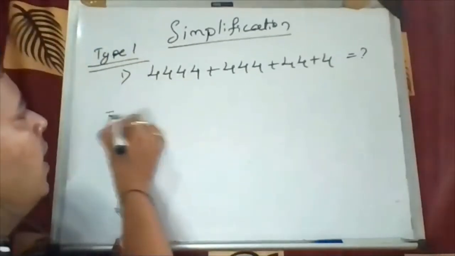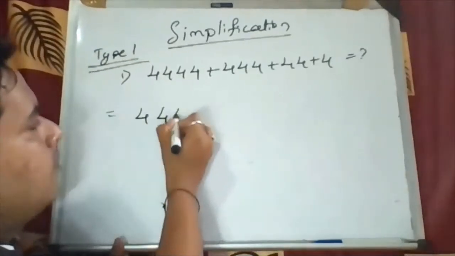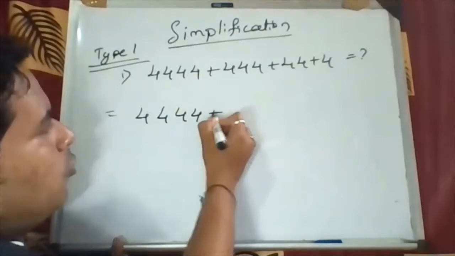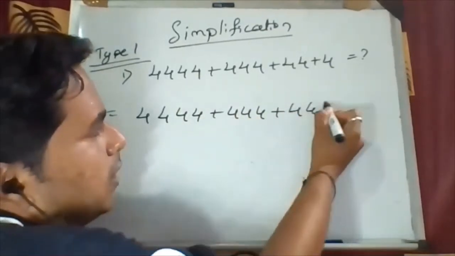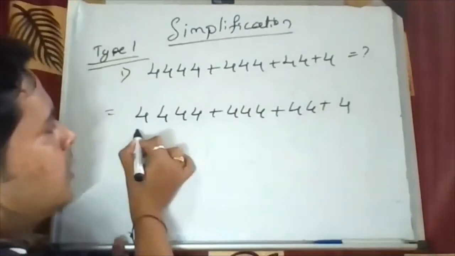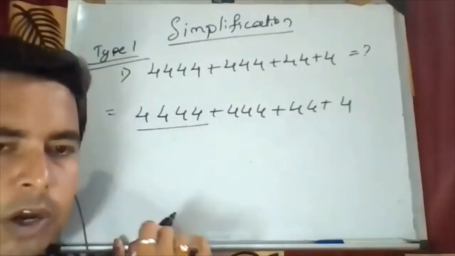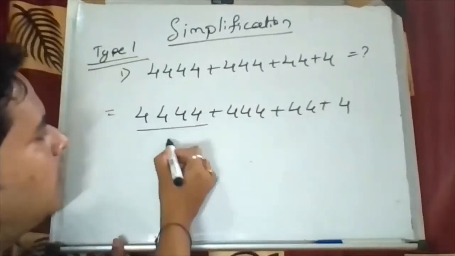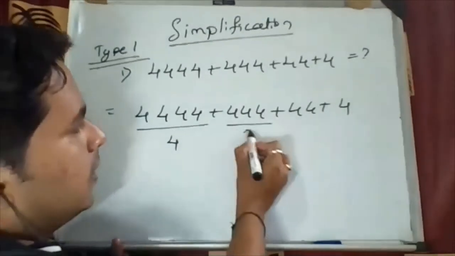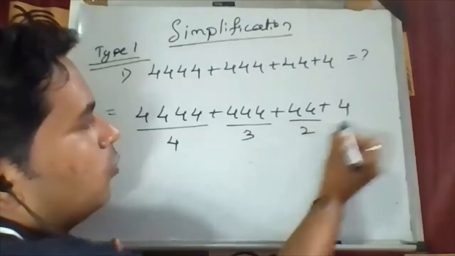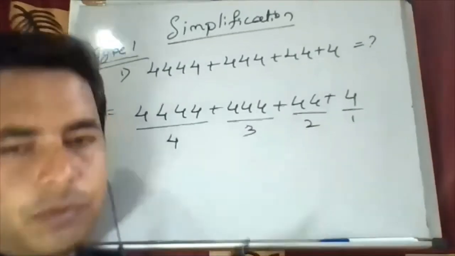So what I'll do is write separately how many 4s are there. Here 4 4s are there, here 3 4s are there, here 2 4s are there, and here 1 4.